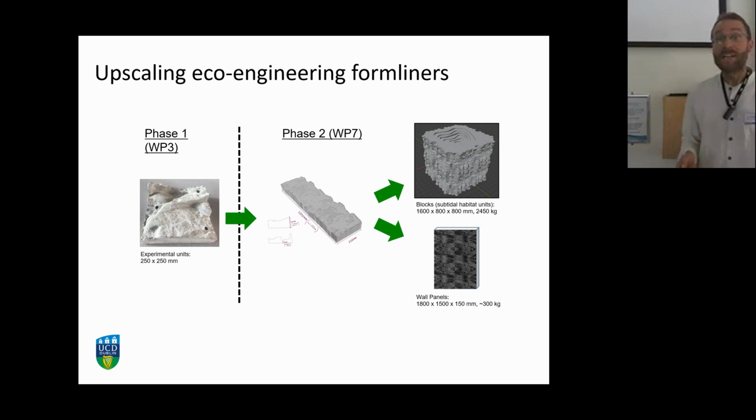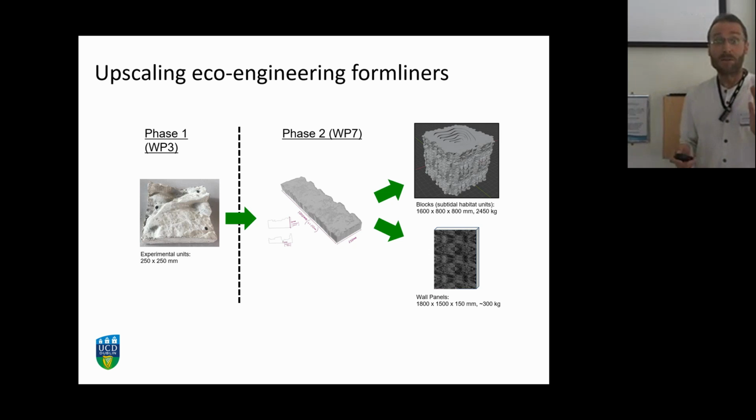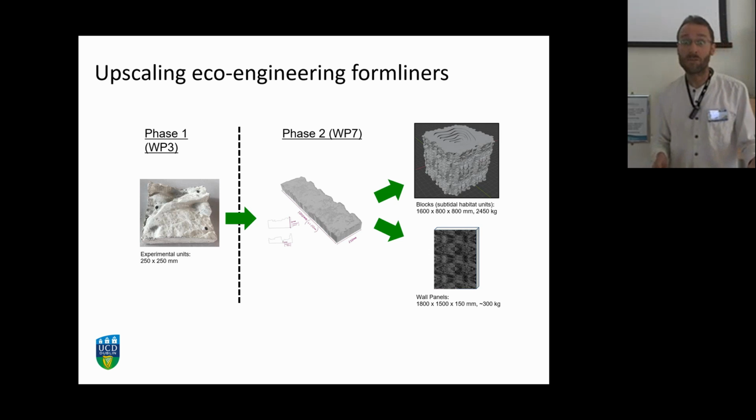Okay, the next phase, in phase 2 of Ecostructure, the obvious next thing to do was to scale up these designs to a scale where they would be commercially viable.